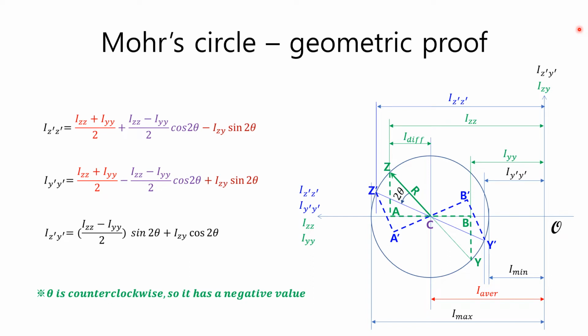In the figure, green indicates the second and product moment of area about the ZY axis before rotation, and the blue indicates the second and product moment of area about the Z prime Y prime axis after rotation. Since R, I maximum, I minimum and I average are all invariant, they are the same regardless of axis rotation.